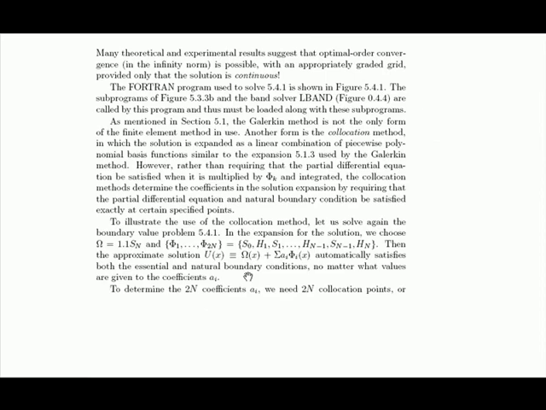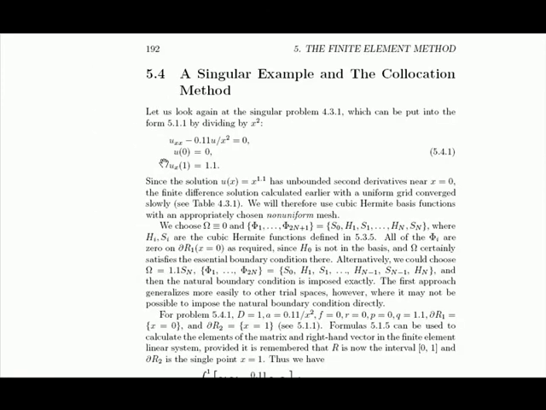So for the collocation method, as for the Galerkin method, for this problem, we assume that u is omega plus a linear combination of the phi's, where omega is simply 1.1 Sn. Now, why is omega equal to 1.1 Sn? Well, remember the boundary conditions. Here are the boundary conditions. The 1.1 Sn ensures that at x equals 1, the derivative of Sn is 1, and so you just get 1.1.